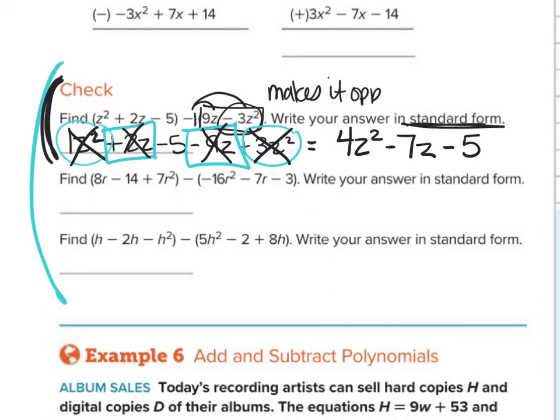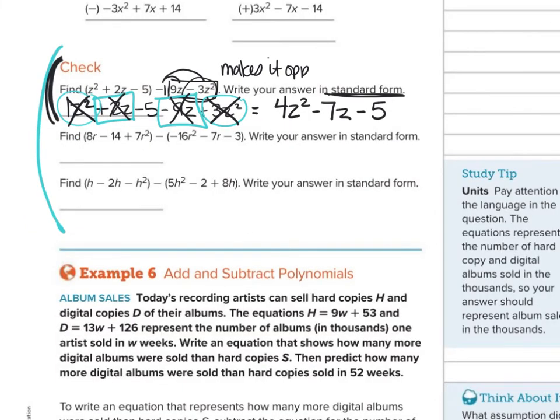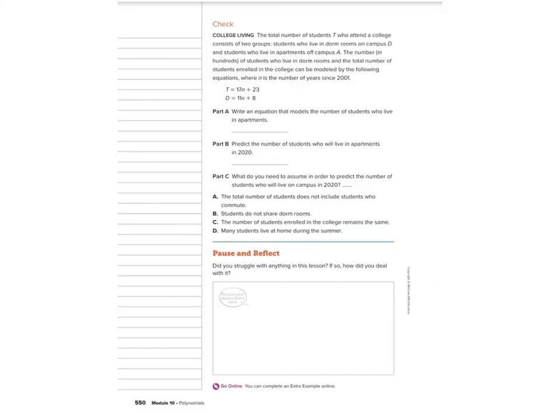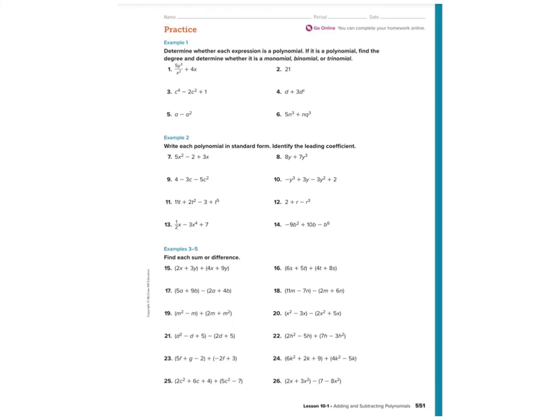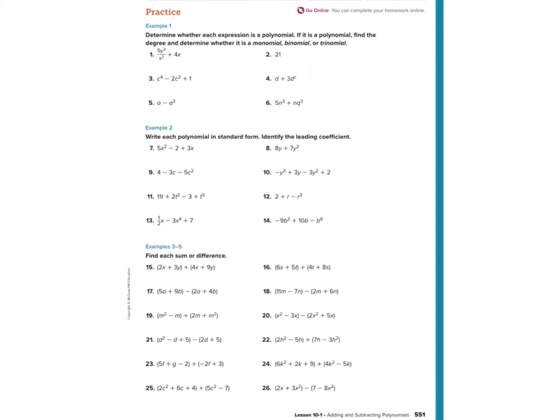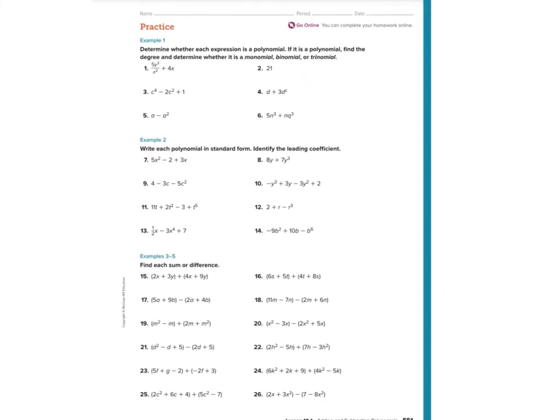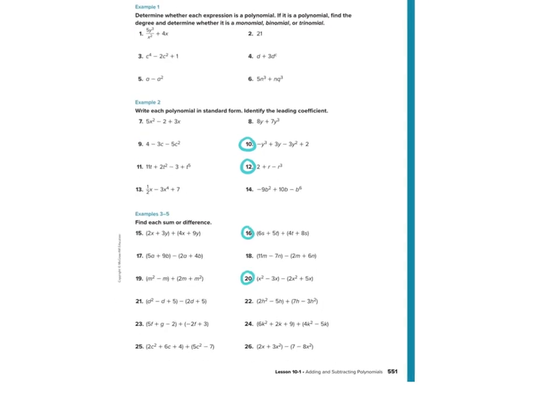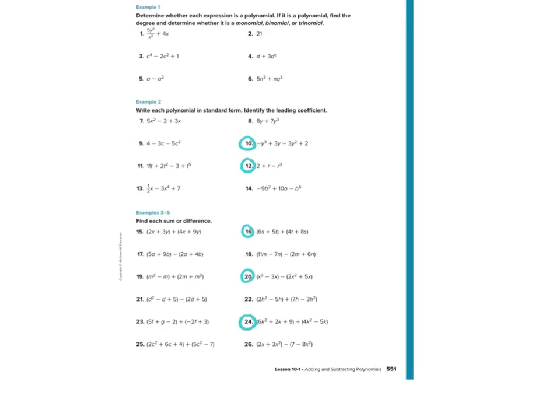Okay, remember standard form. Okay, so homework, turn to 551. There's 10 questions total. You're going to circle 10, 12, 16, 20, 24.